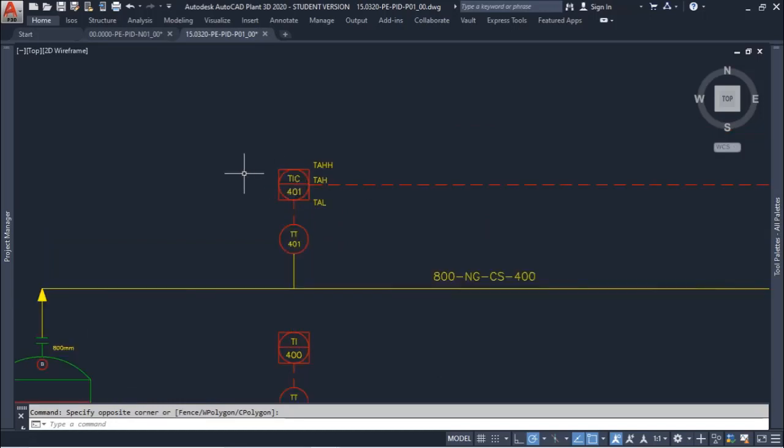And we have here a temperature indicator controller, and this TAH, TAHH and TAL mean that we have set points for alarm and for shutdown. Usually when we have only one letter H or L, it is for alarm, and when we have two of the same letters, it is for shutdown.